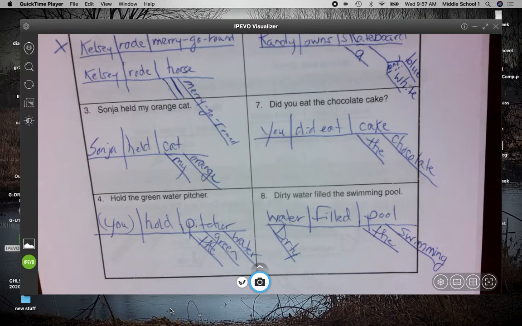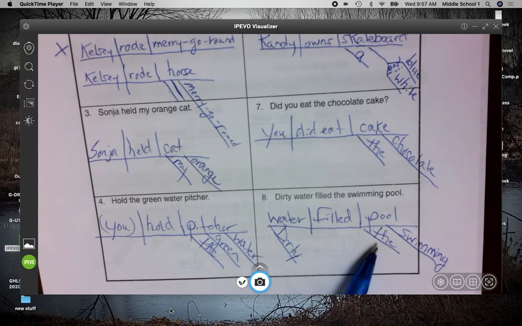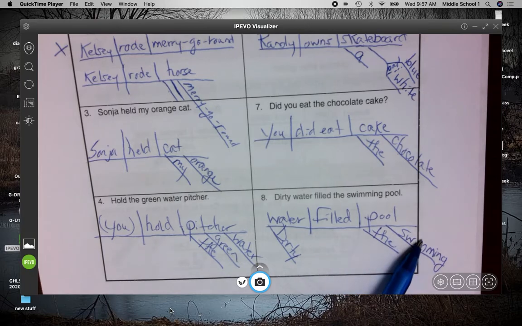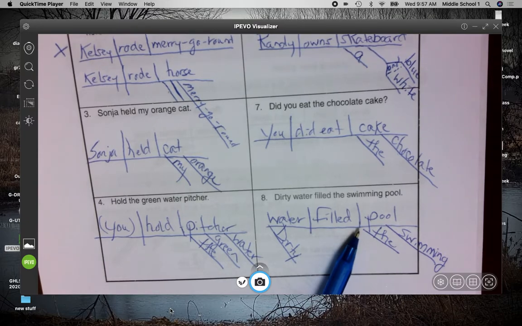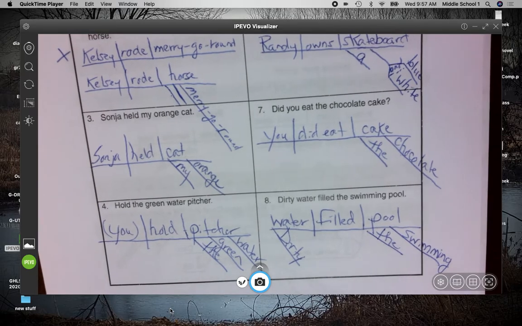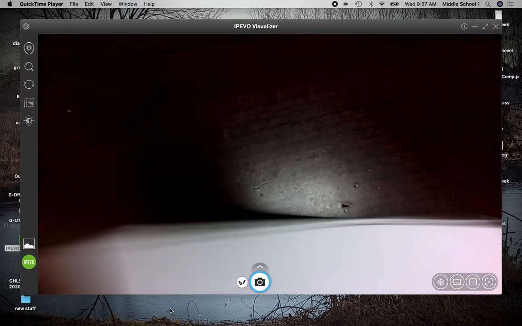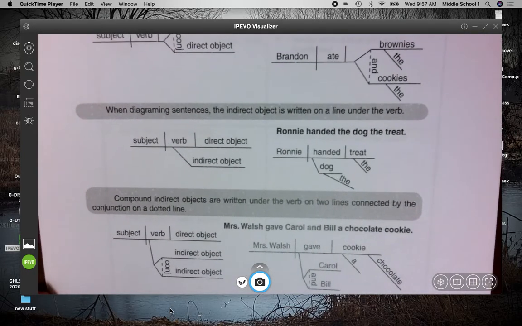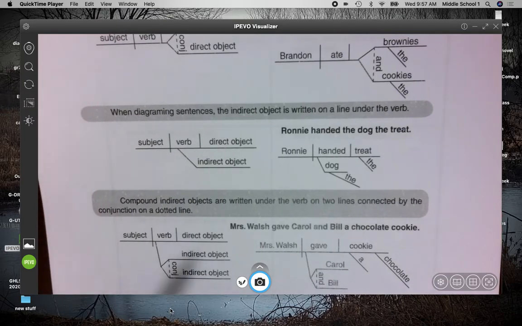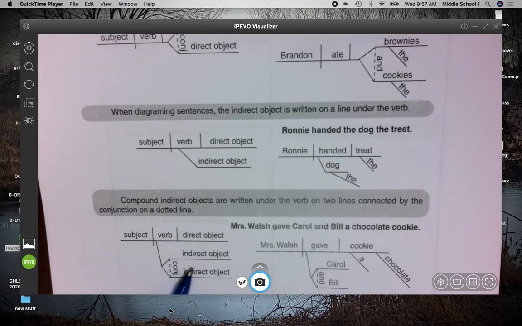A couple of reminders. Again, make certain that your modifiers are on lines which go underneath. The line which separates the verb and the direct object only goes up to the line. We want to be taking these examples and we want to look once again at the review exercises on the page previous, where we have listings of what we do, not only with subject and verb and direct objects, but where the indirect object would go, and then what would happen if I have a compound.